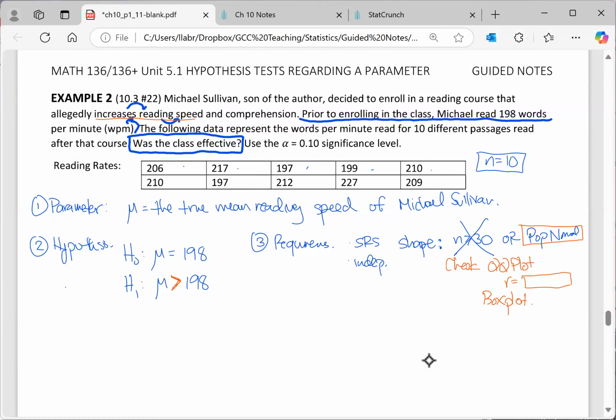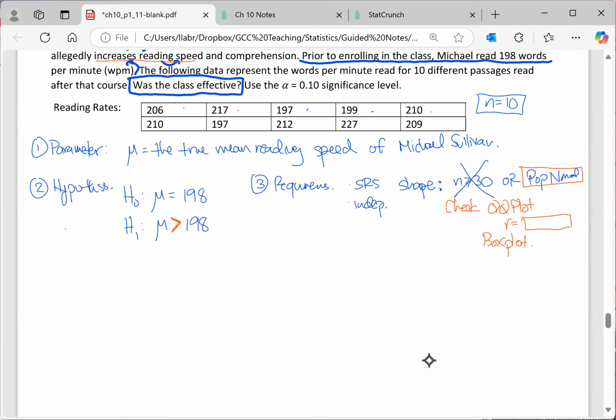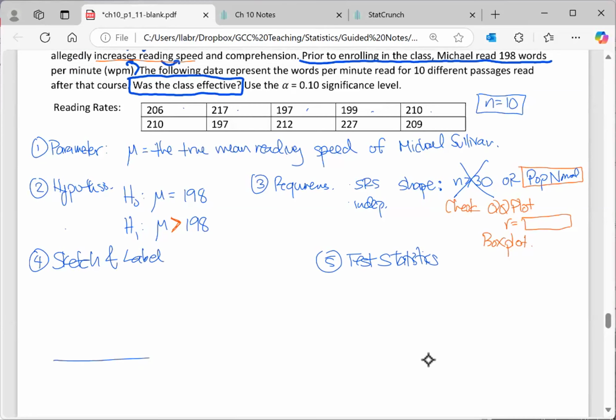After the requirements, we want to go ahead and sketch and label. And then we're going to go and get our test statistics. So I already know that this is a mean, therefore this will be a t-distribution.